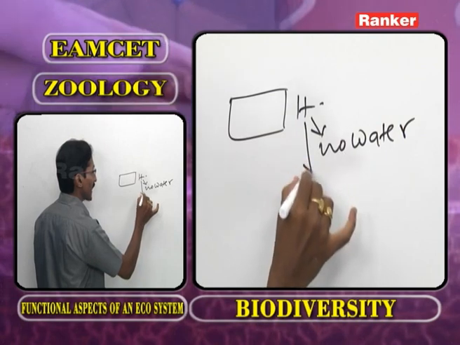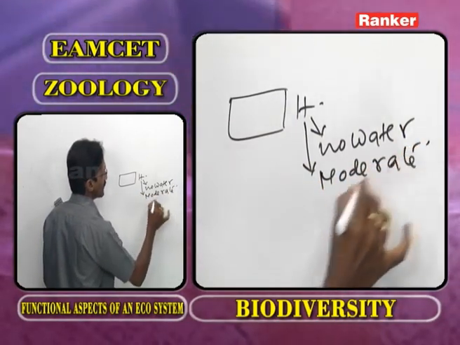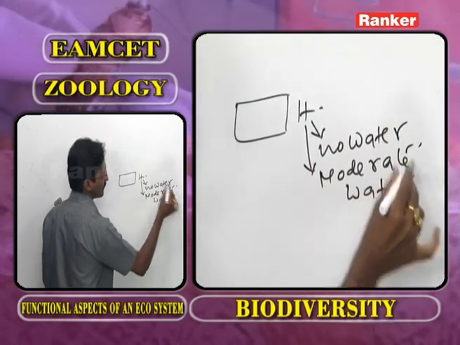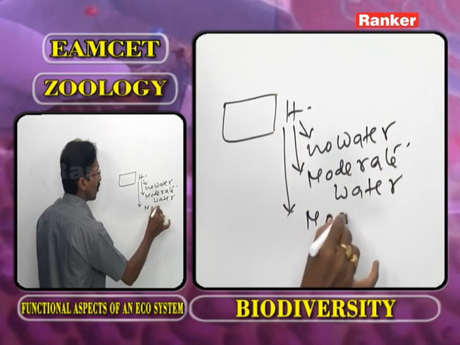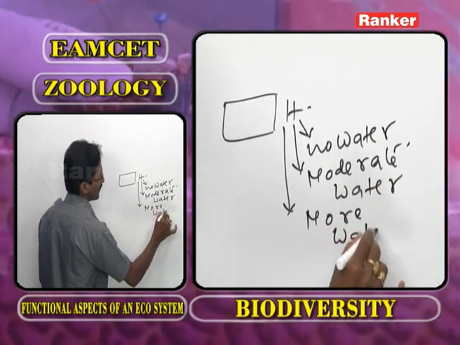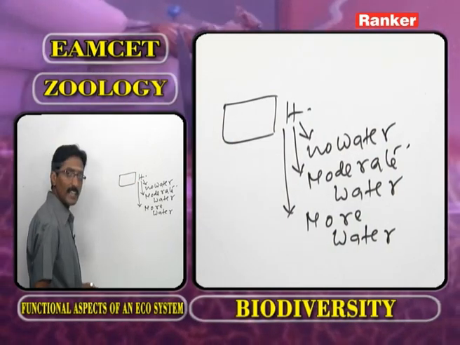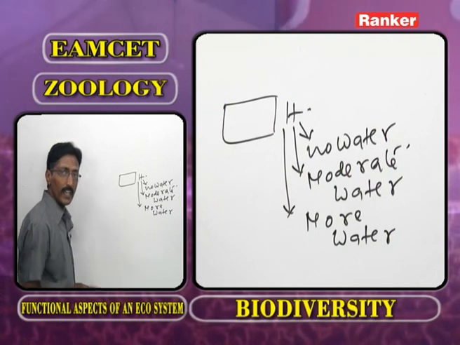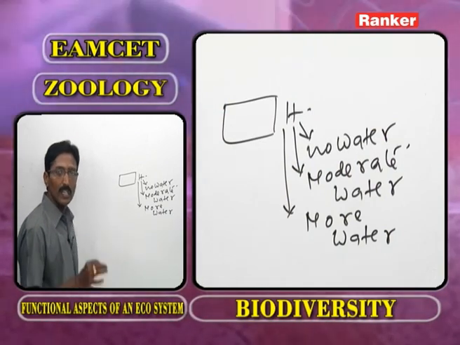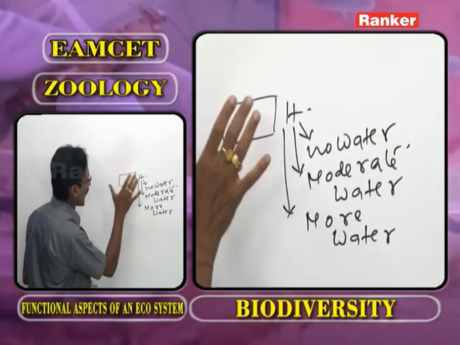Slowly in this habitat, a moderate amount of water is present. Slowly in this habitat, more water is present. Now you have to observe this example. It is a classical example for succession. What is meant by succession? It is gradual, orderly changes that occur in a habitat.